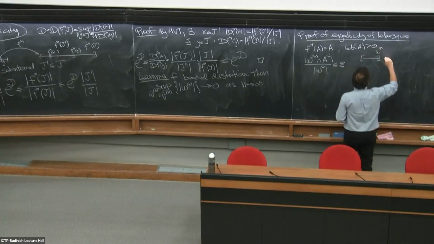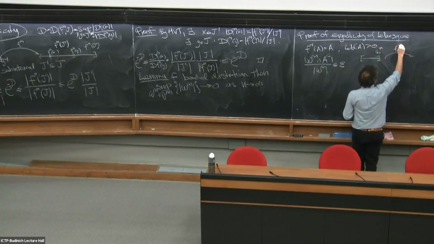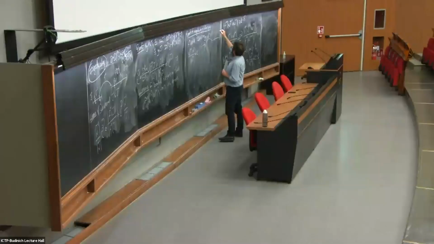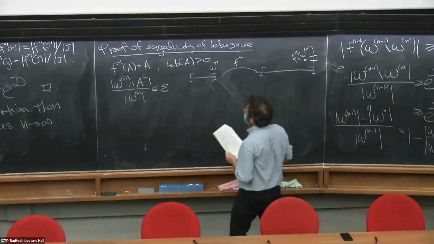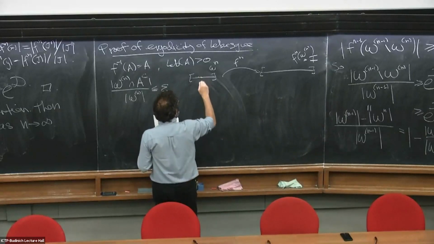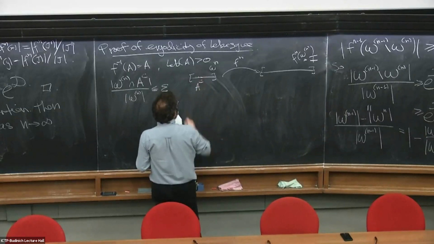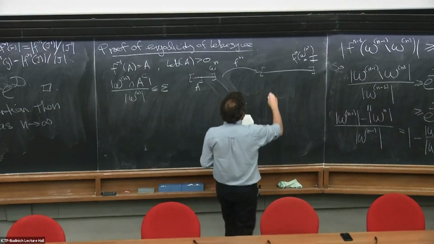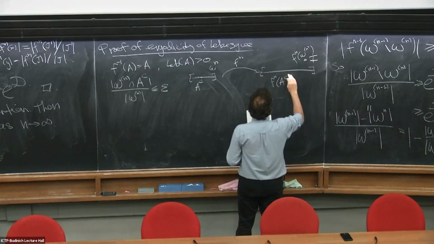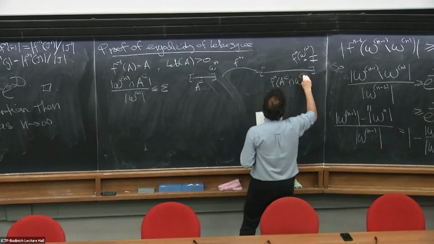And then we have that, so this is our omega n, this is our Fn, so this maps into I, this is Fn of omega n, right? And then here we have the set A complement. Then here we have the set Fn of A complement, section omega n.